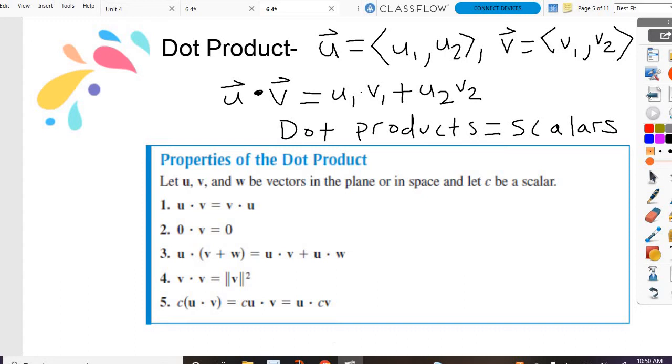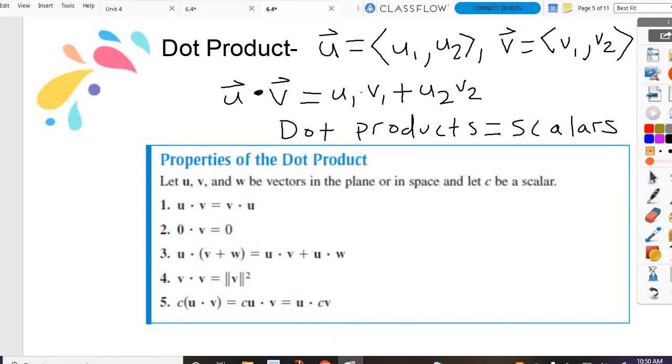So then we have some properties with our dot product. Since our dot product is defined as things with multiplication and addition, both of those are commutative, which means that dot producting is also commutative. So u dot v is the same thing as v dot u. Also, if I multiply a vector by the zero vector, I will get 0.